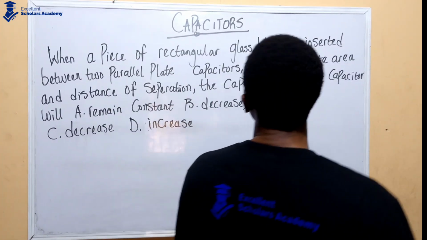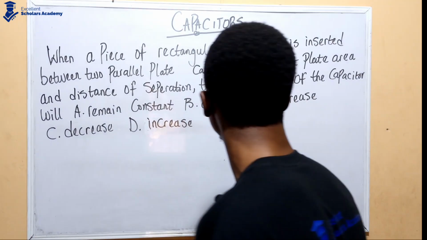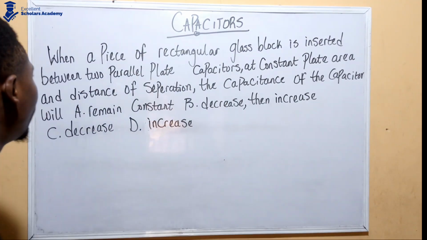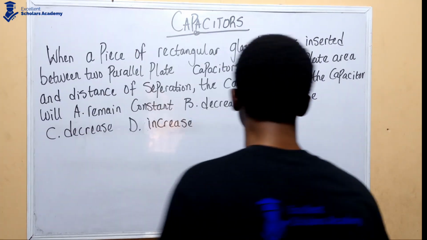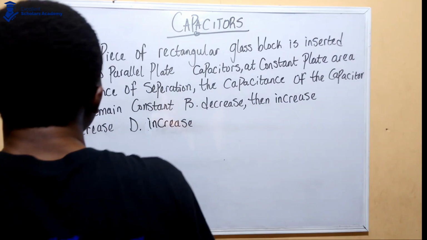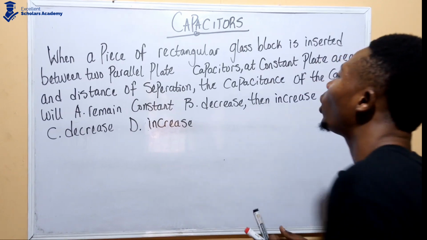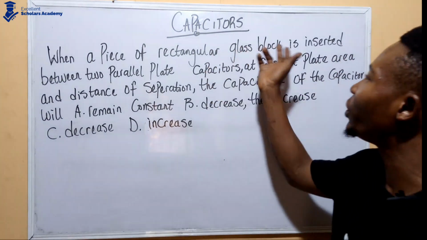A piece of rectangular glass block is inserted between two parallel plate capacitors at constant plate area and distance of separation. The capacitance of the capacitor will remain... Now, what is this rectangular glass block doing here?